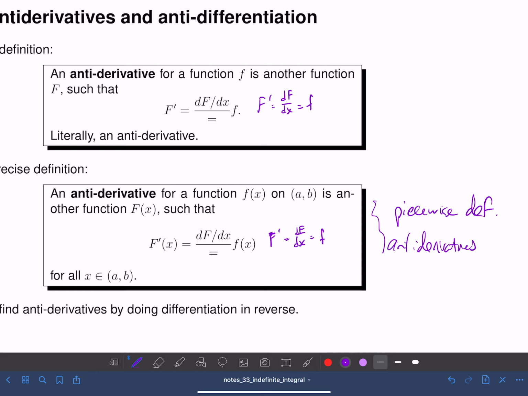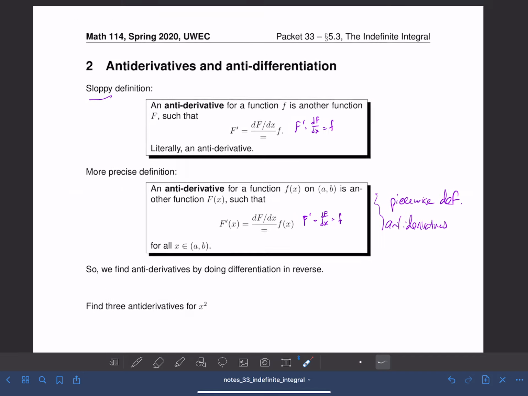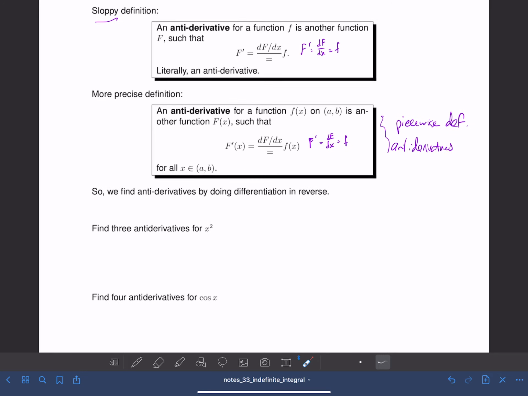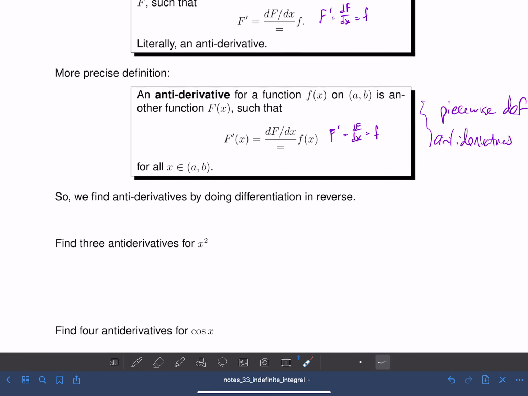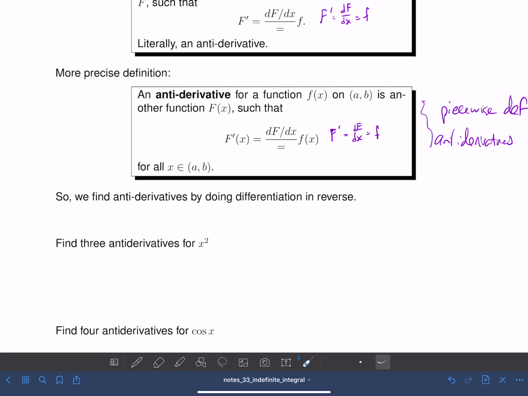So if you're not dealing with piecewise defined functions, then this one up here is sufficient. That is to say that we find antiderivatives by doing differentiation in reverse. We're just going to anti-differentiate, opposite of differentiate.